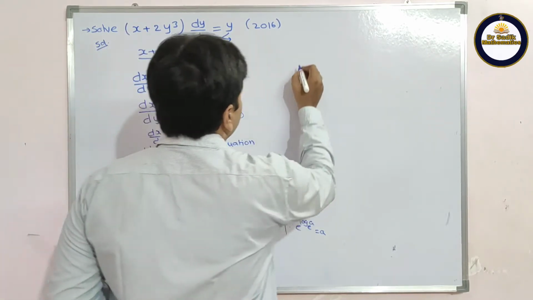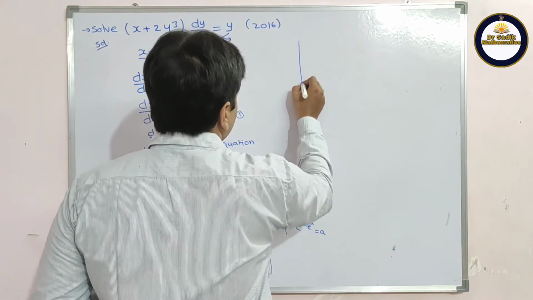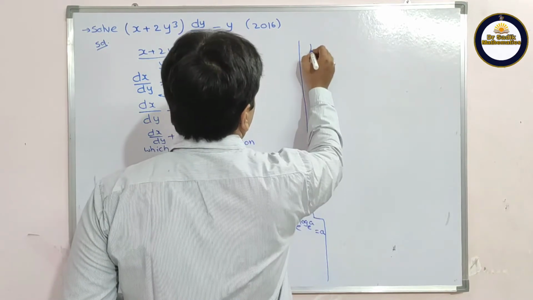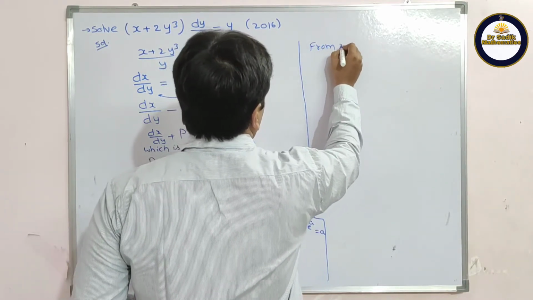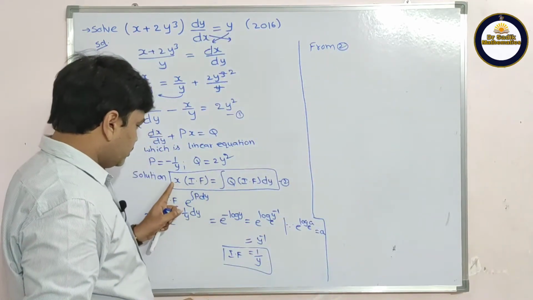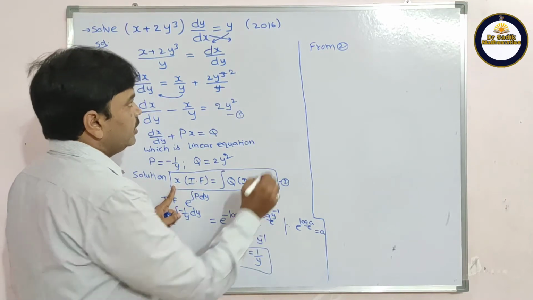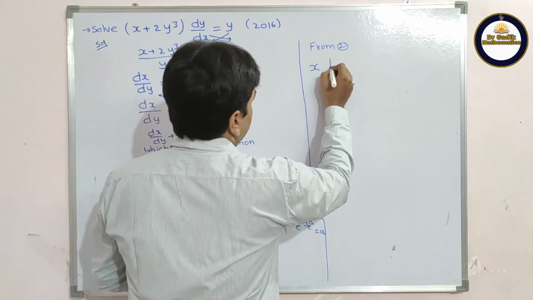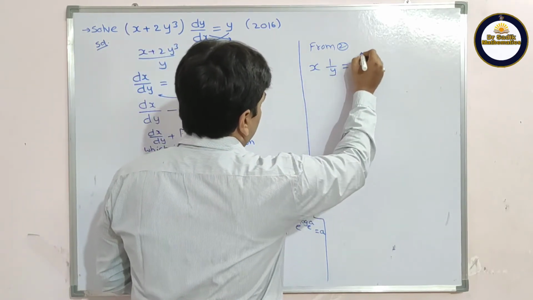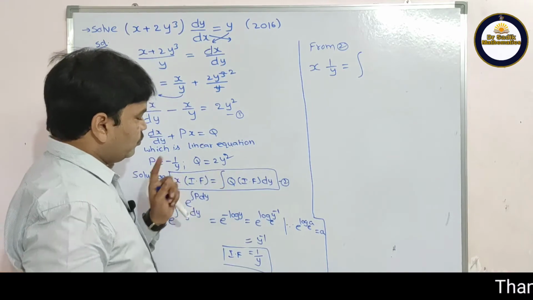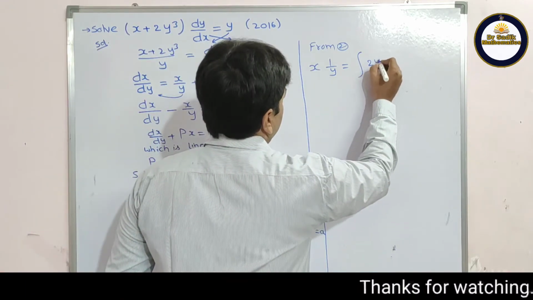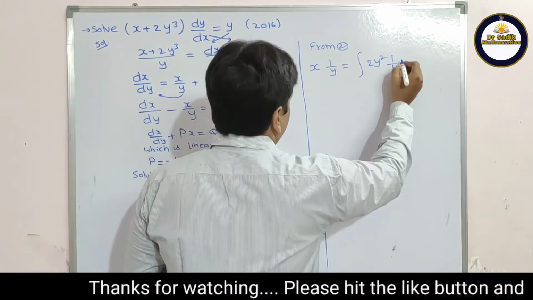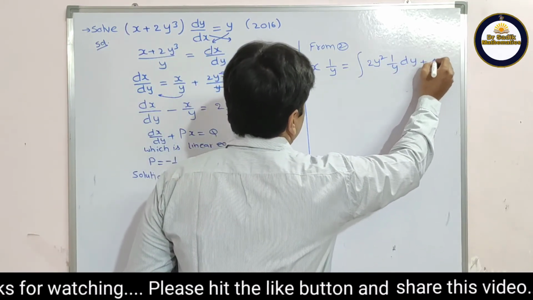Now from 2, the solution is x times the integrating factor 1/y equals the integral of Q, which is 2y^2, times the integrating factor 1/y dy, plus c.